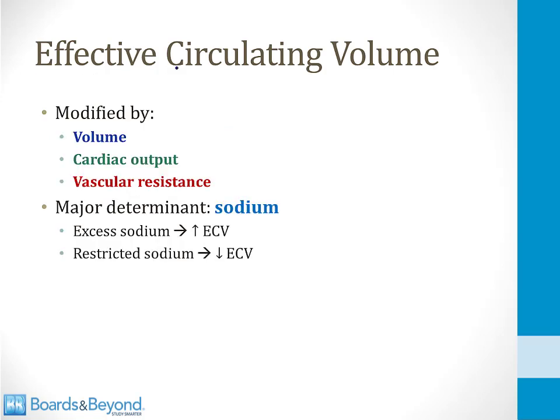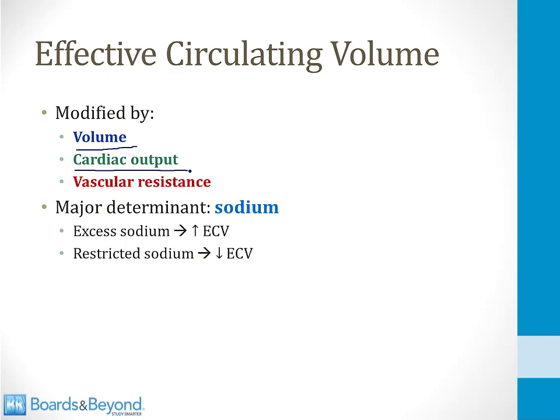The effective circulating volume in the body can be modified by three factors. First of all, it can be modified by the total volume of fluid in the body. Under normal circumstances, if you increase or decrease the total volume of fluid in the body, you similarly increase or decrease the effective circulating volume. This volume can also be modified by cardiac output. If you raise your cardiac output, you will increase your effective circulating volume even though there is no change in total body fluid.